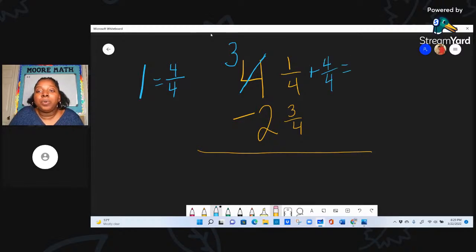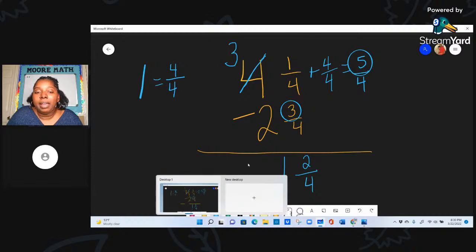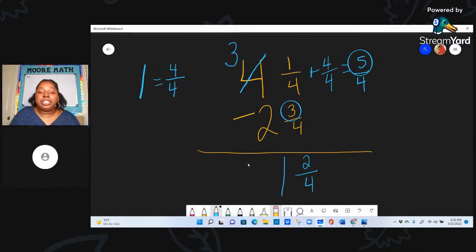What's 1 plus 4? 5. Good. Our denominator stays the same. We don't do anything with it. Now, 5 minus 3. 2. Good. 4 stays the same. And 3 minus 2? 1. Okay?